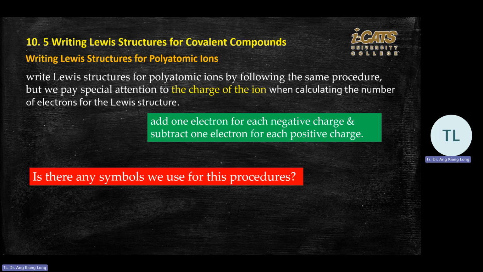So CCl4 in the second step just now, total electron is how many? 32, right?